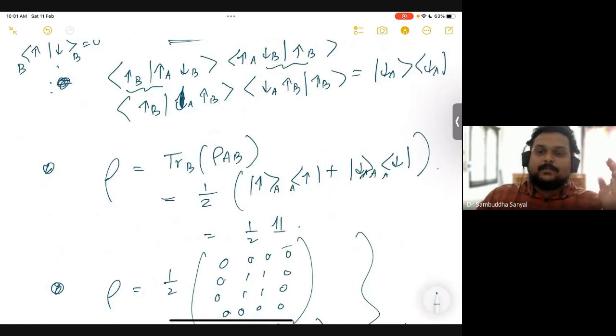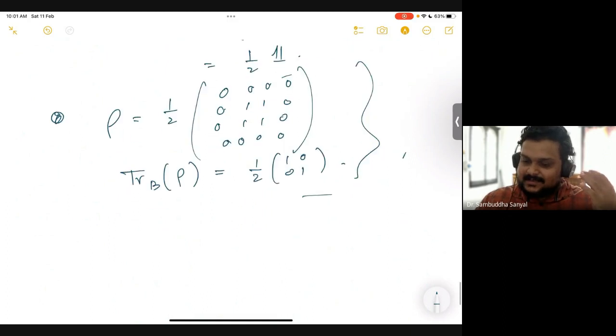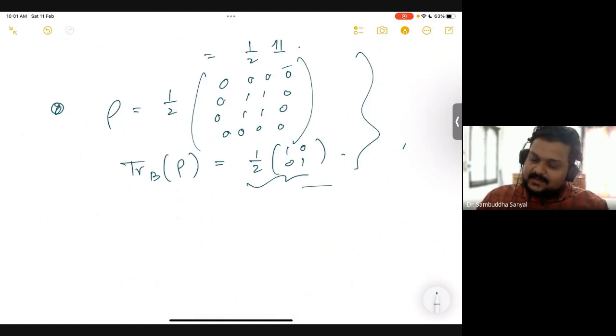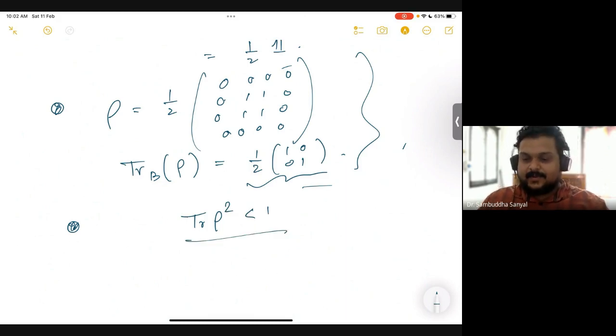But there are two important lessons from here. Okay? One lesson is this row, this thing. This is a mixed state, right? This is a mixed state form. So that means, and easy to check, if you calculate trace rho squared, it is less than 1. So that means if I have one copy of a state, it's always a mixed state.